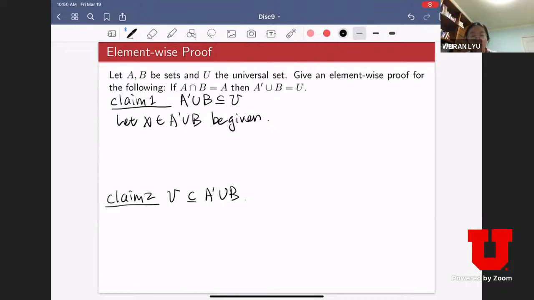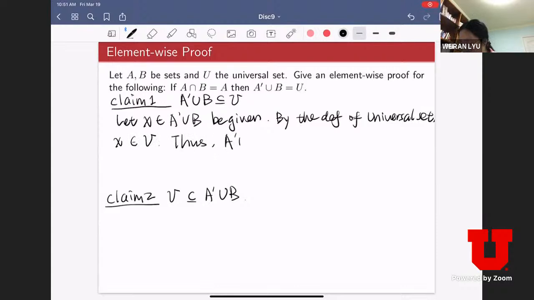And then we can directly say that by the definition of the universal set, we know x must be in U. And thus, the claim is true. All right, and how are you going to start the second part?